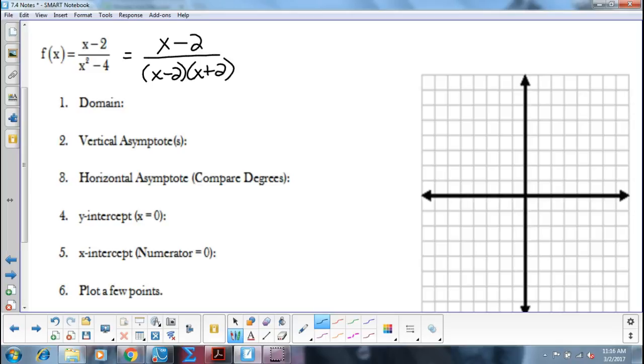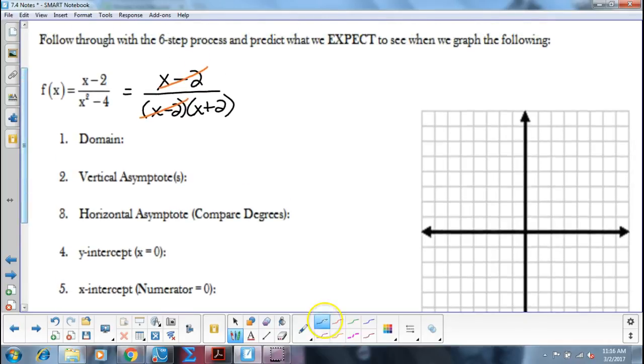Now, seeing that it's in factored form, do you notice anything about your rational function? They both have a common factor, right? And that common factor is x minus 2. So we can simplify our rational function all the way down to our new rational function of 1 over x plus 2.